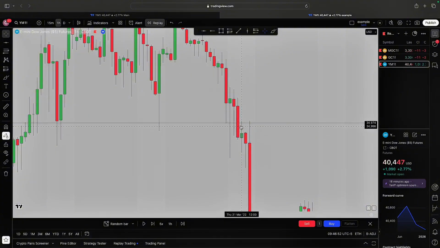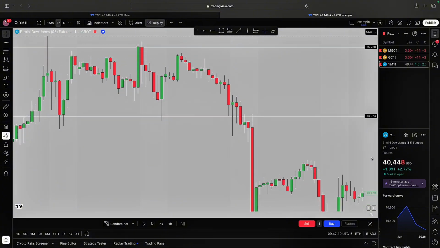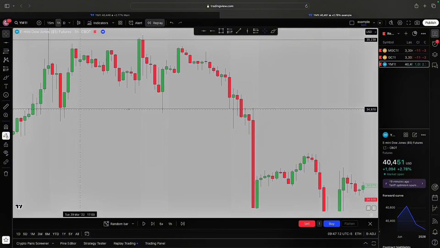The buyers come, we have to test it. We have to test to see if you're really strong or not. So it broke, and then we tested, and then we got another bearish candle indicating that we're going down. We're now on a downtrend because now we broke this structure here.